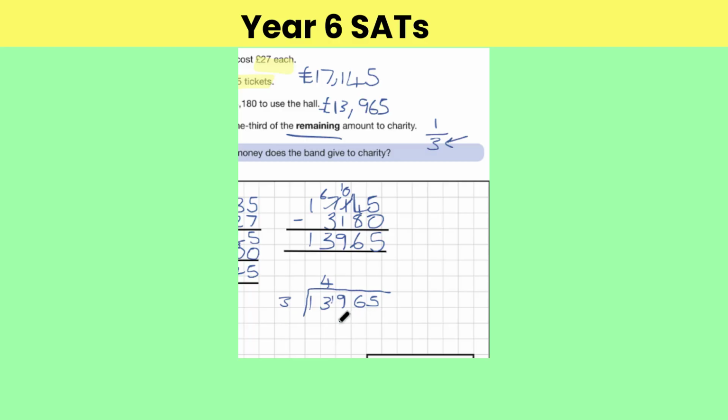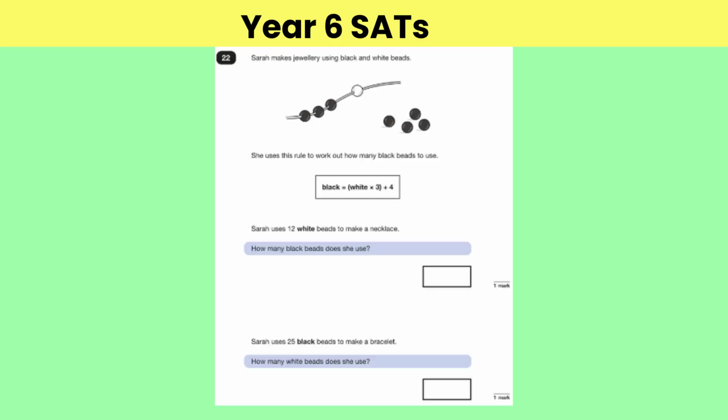I'm just doing this as short division because 3 is a very simple multiple to do in your head. 3 into 19 goes 6 times, 6 times 3 is 18, there's a remainder of 1. 3 into 16 goes 5 times, 3 times 5 is 15, there's a remainder of 1, and 3 into 15 goes 5 times. So 1/3 of 13,965 is 4,655, and that is what the question is asking. How much money does the band give to charity? So it is this amount, £4,655. Question 22. Sarah makes jewellery using black and white beads.